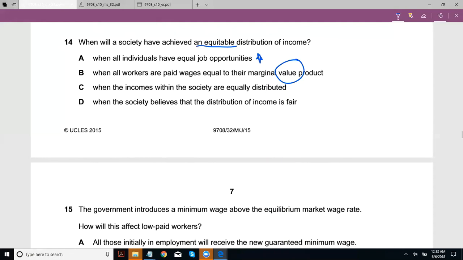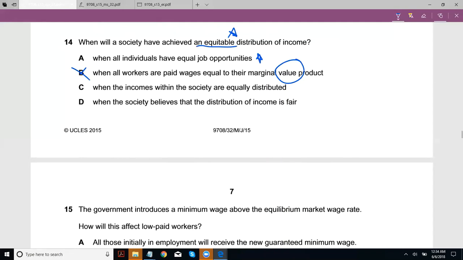Okay, so that kind of links to when you could have non-price benefits, like external benefits or something of that sort from that product. Anyhow, if so A and B, well, B you can quickly cross out because different people would have different marginal value products, so it wouldn't necessarily be a fair distribution of income.